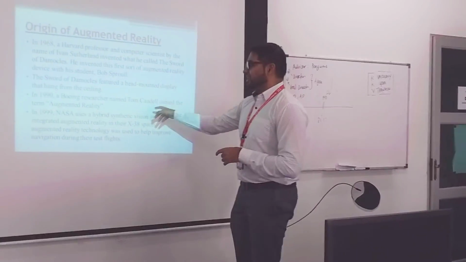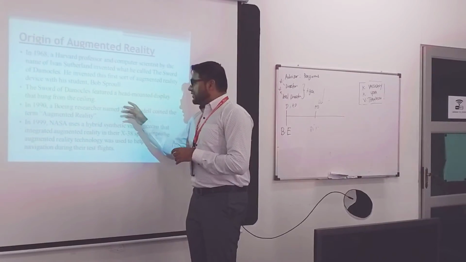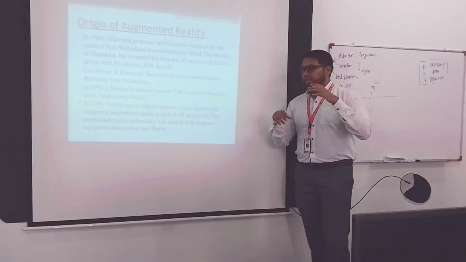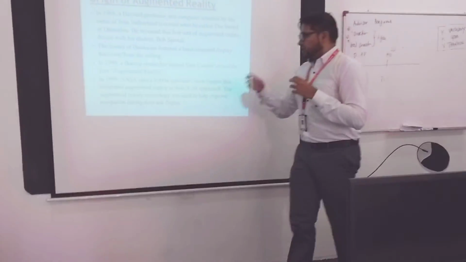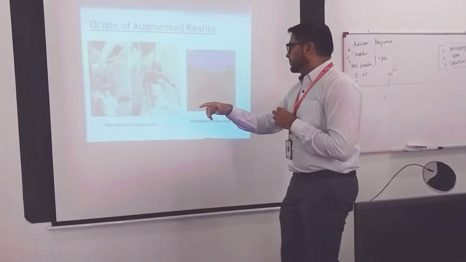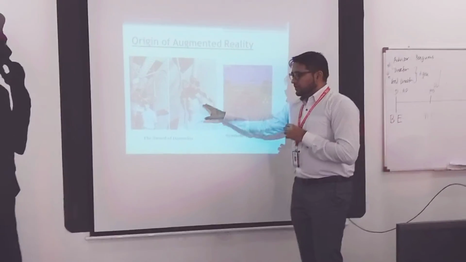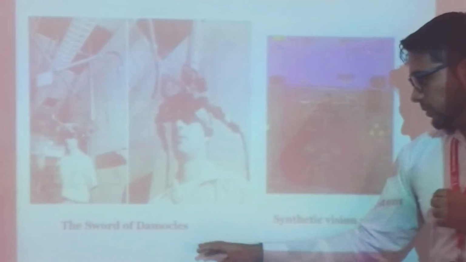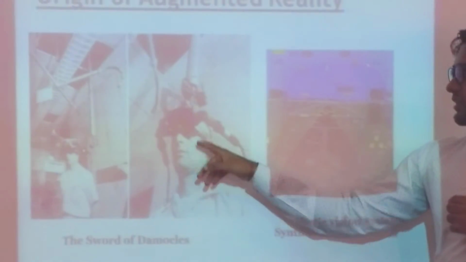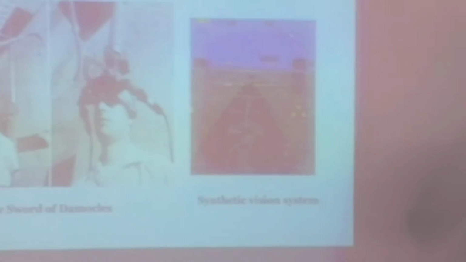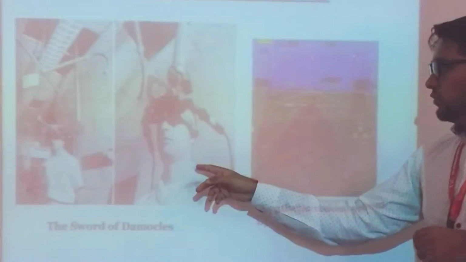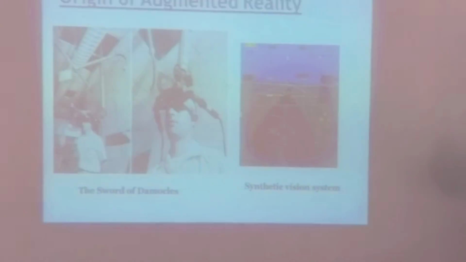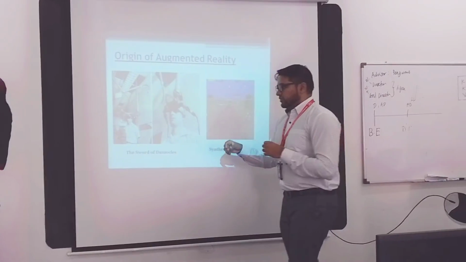I hope I'm pronouncing that correctly. It was a device hanging from the ceiling with two lenses in it. On the next slide, as you can see in the first image, where the Sword of Damocles is represented, there is a device suspended from the ceiling, and the user sees the computer generated image with the help of that device.